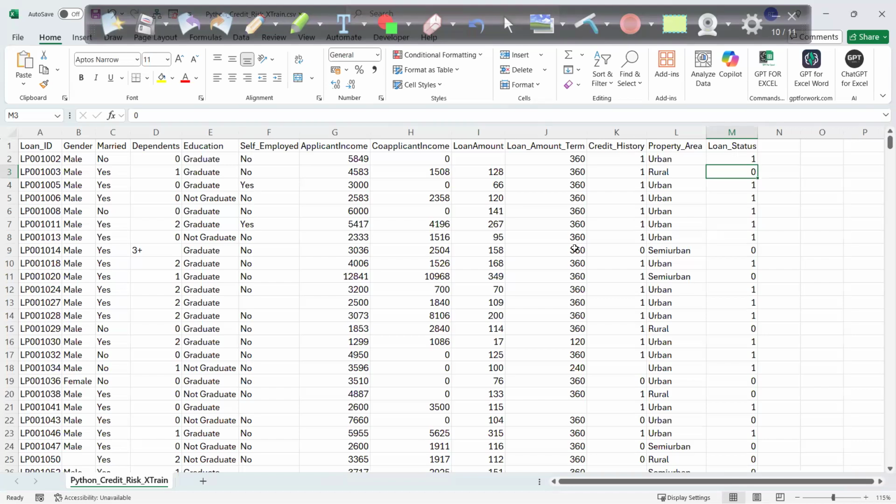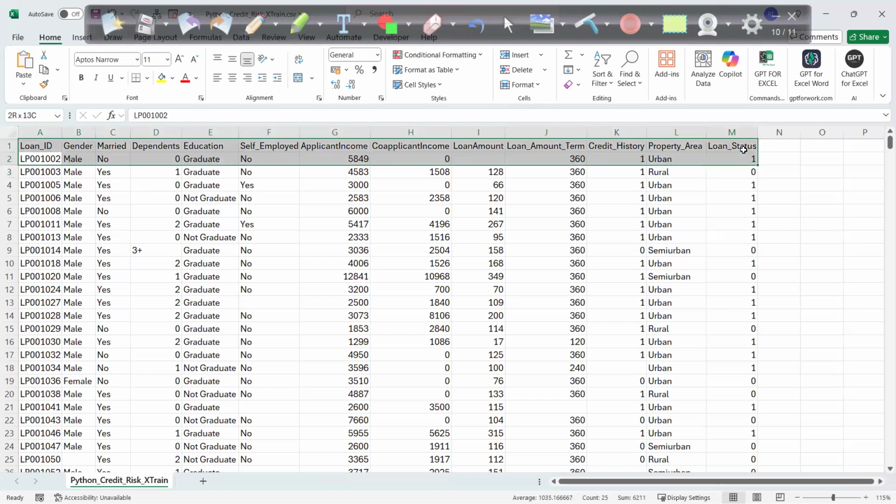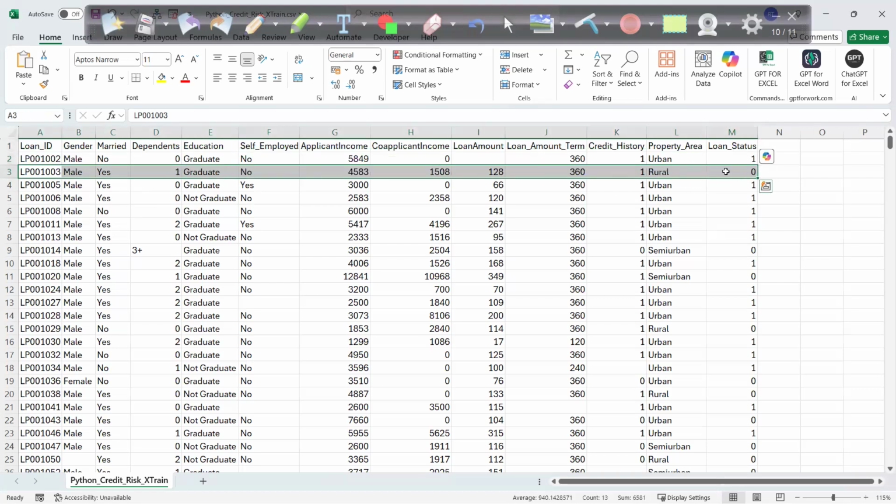In this particular data set, my end goal is that the data is saying whether my customer is getting a loan or not, right? So here you can see that 1 means this customer got the loan, and 0 means this customer did not get the loan. So my end goal is to know which feature is important to decide whether my customer will get a loan or not.